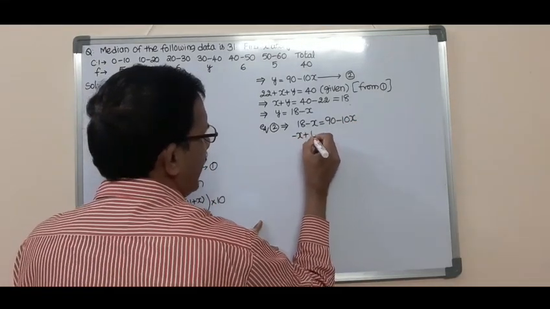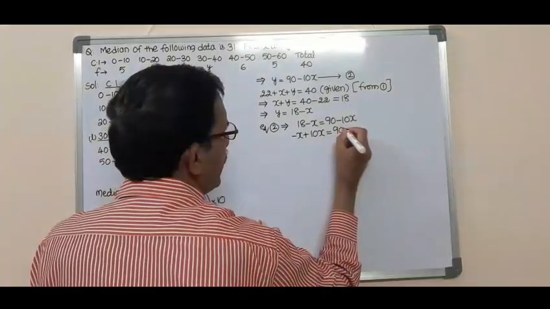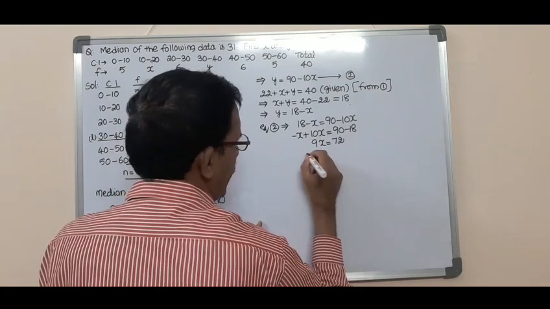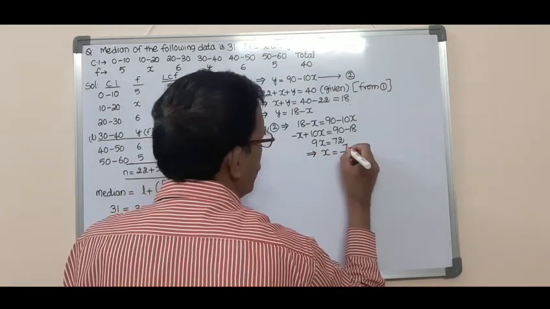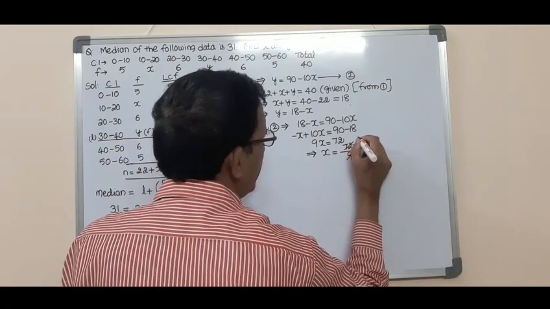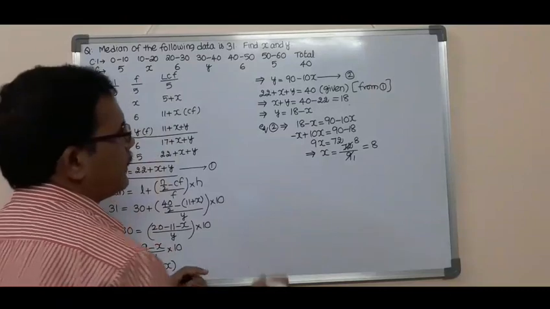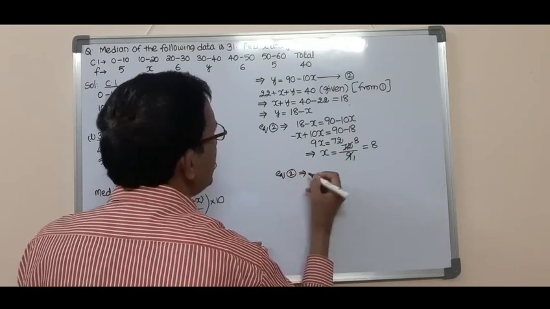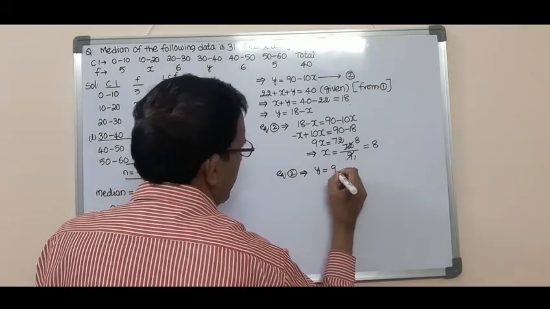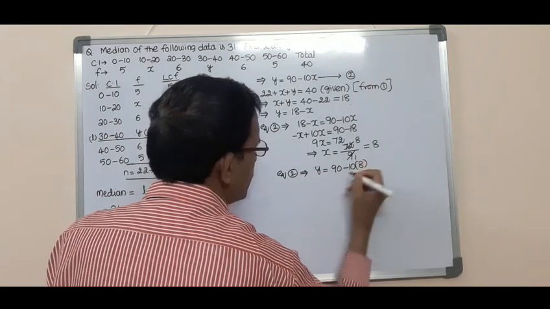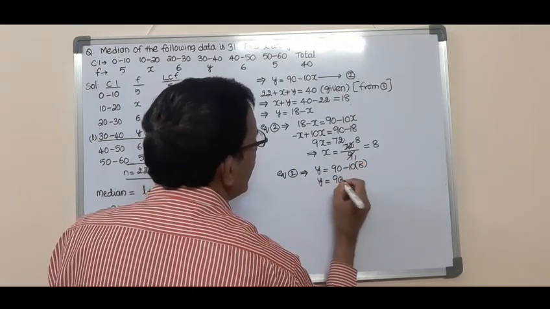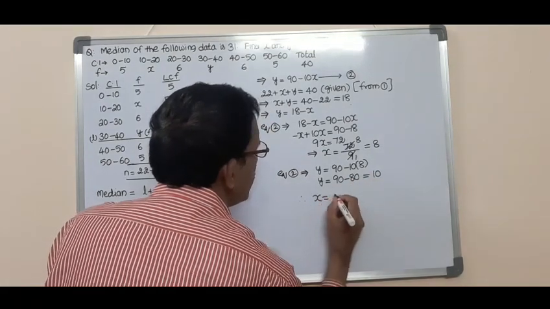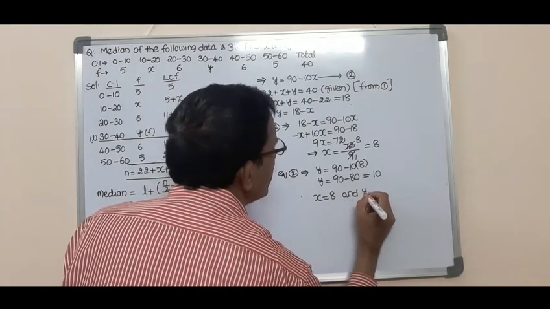Minus x plus 10x is equal to 90 minus 18. 9x is equal to 72. Implies x is equal to 72 by 9, which is 8. Writing this value in equation 2, y is equal to 90 minus 10 into 8, 90 minus 80, that is equal to 10. Therefore, x is equal to 8 and y is equal to 10.